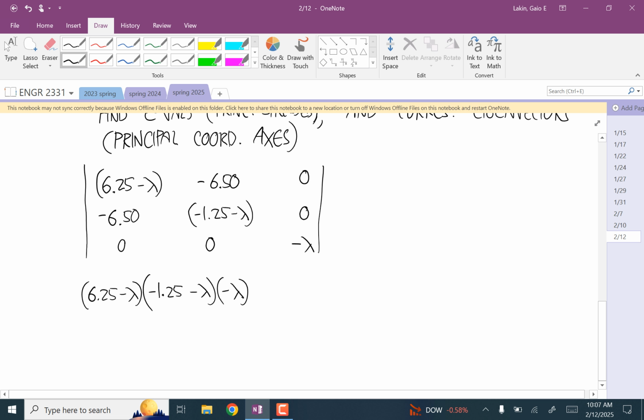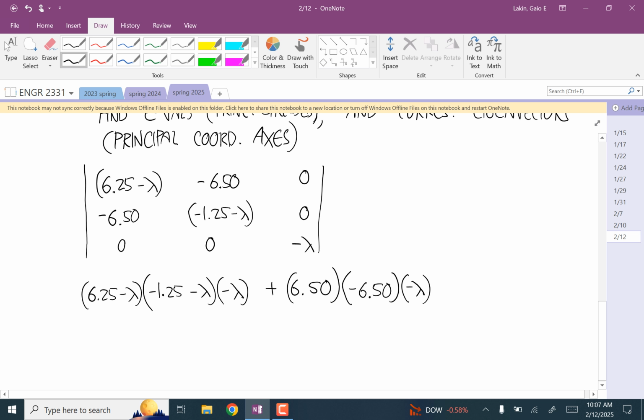And then minus a negative, or plus 6.5 times negative 6.5 times negative lambda.